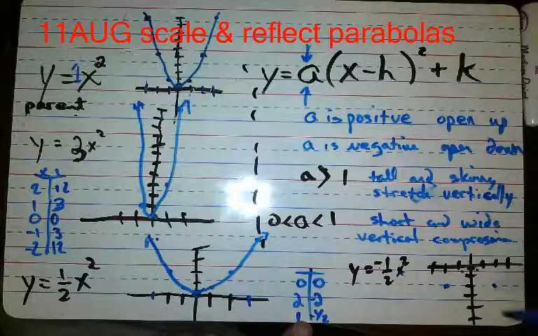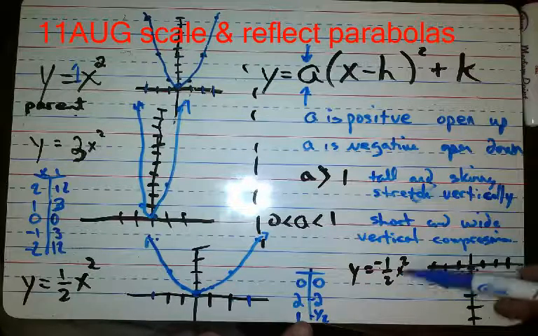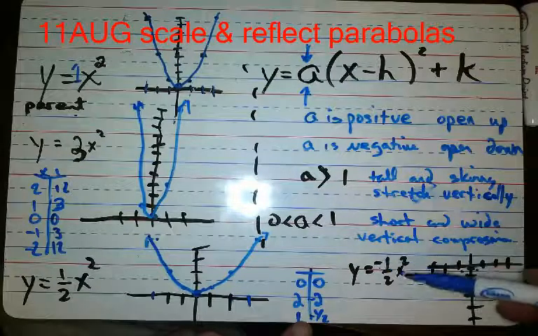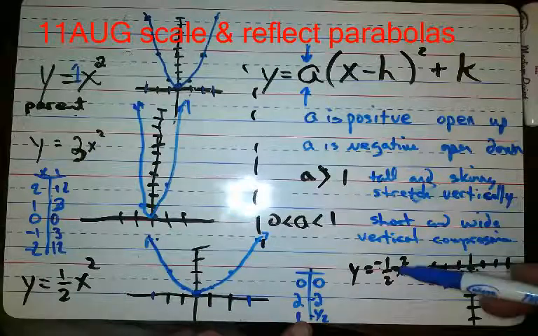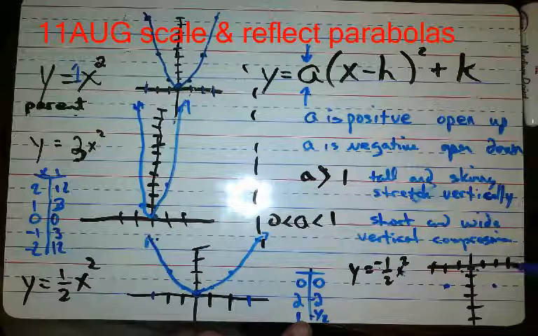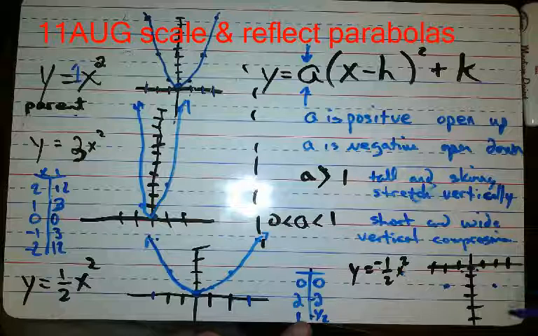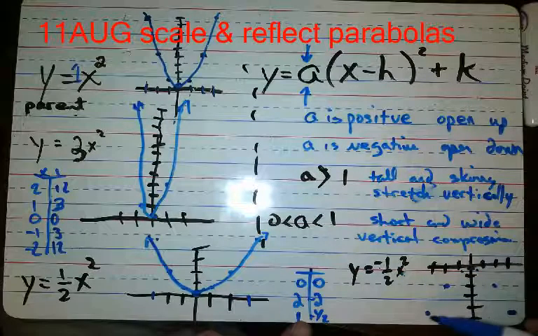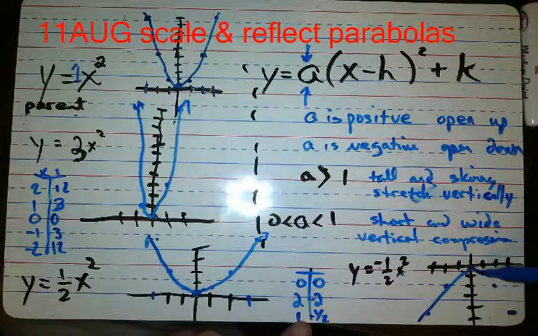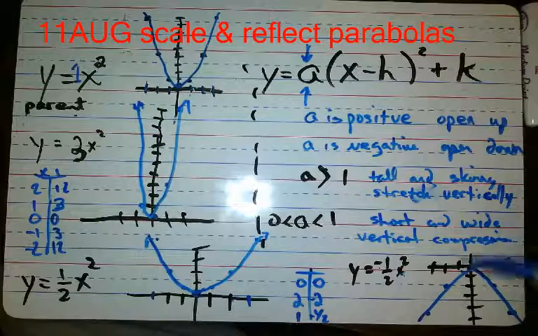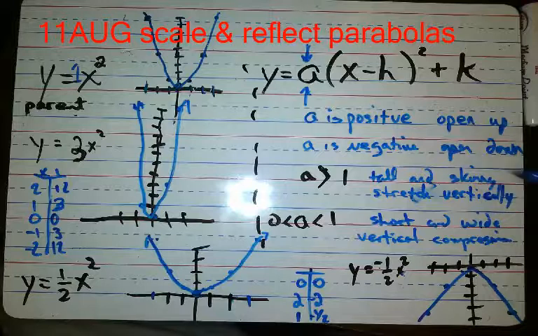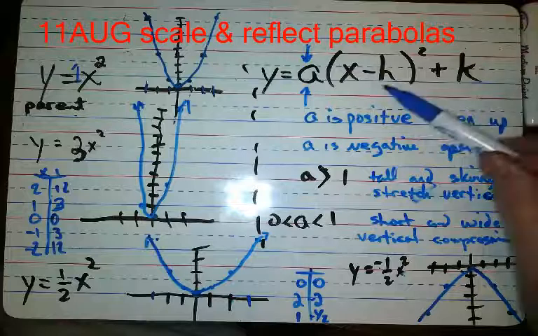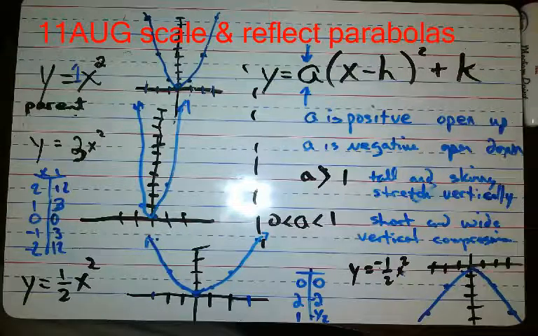Right? And then 3 squared is 9. Half of 9 is 4.5. But what about negative half of 9? Well, that's negative 4.5. So I go down 4.5, right there. Once again, I have a wide parabola, and it's open down. And the vertex is the same. So, that's the end of part.